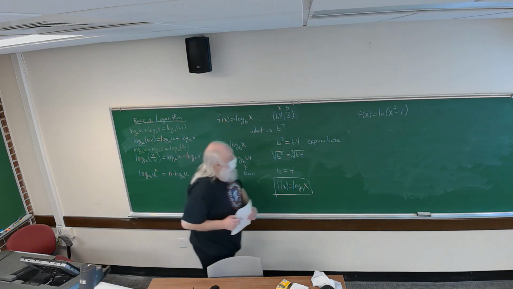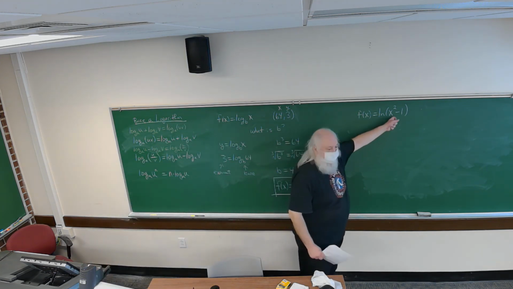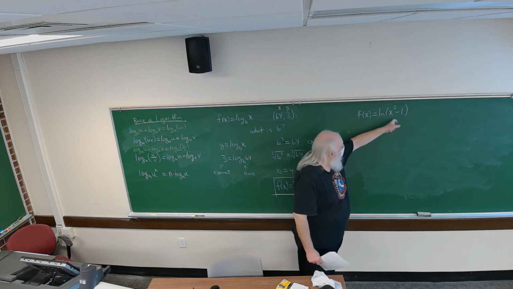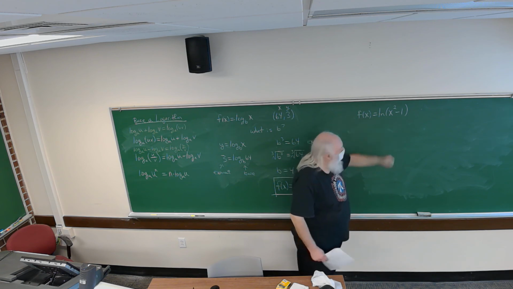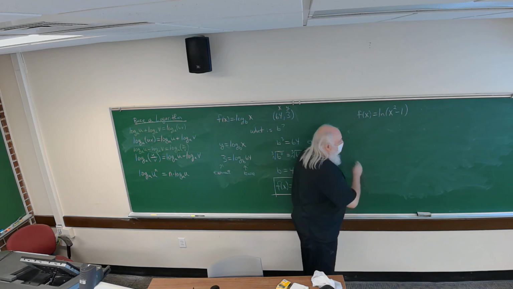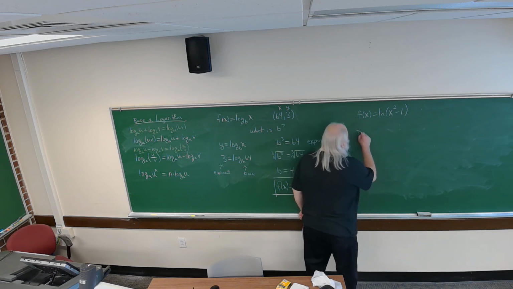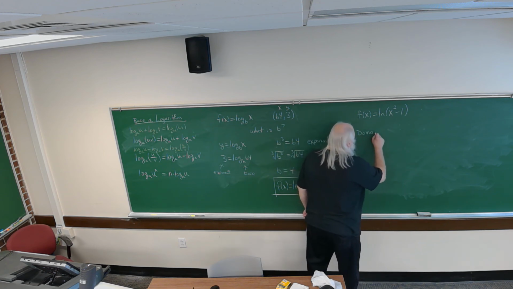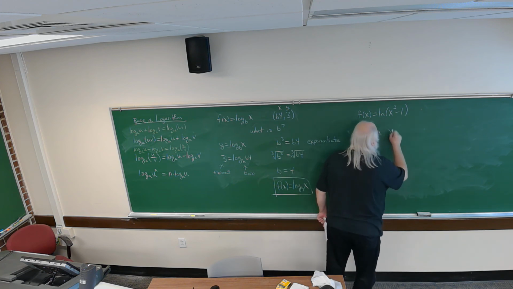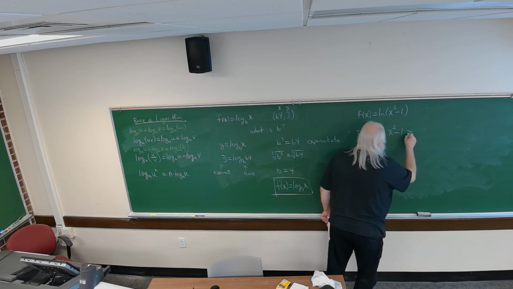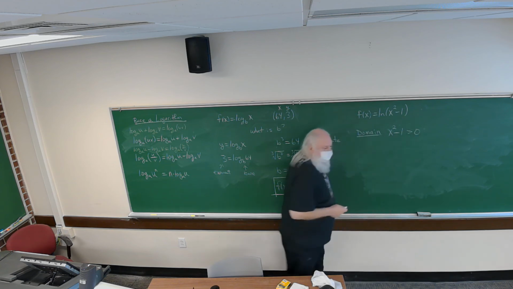But now, instead of just having x in the argument of the natural log function, we have a function of x as the argument. So instead of setting x greater than 0, we have to set the argument x squared minus 1 greater than 0.